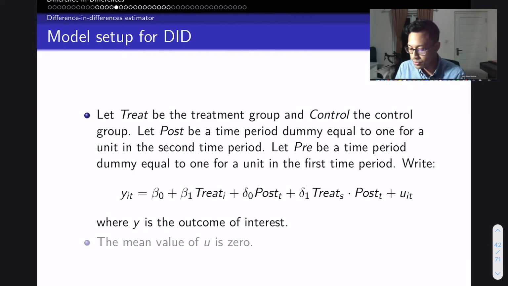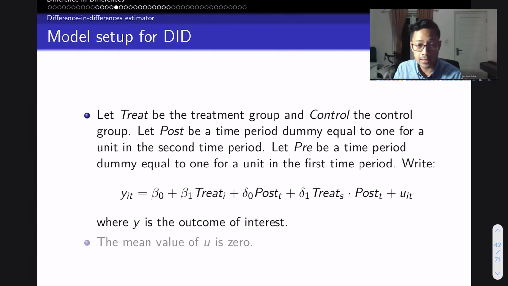So let treat be the treatment group and control the control group. And let post be a time period dummy equal to 1 for a unit or observation in the second time period. And let pre be a time period dummy equal to 1 for a unit in the first time period. So we're going to write it as the following.